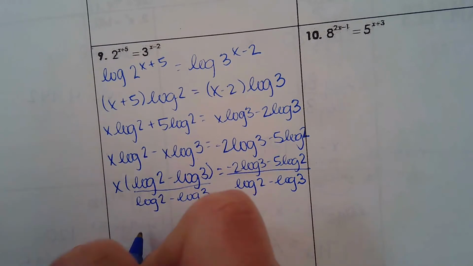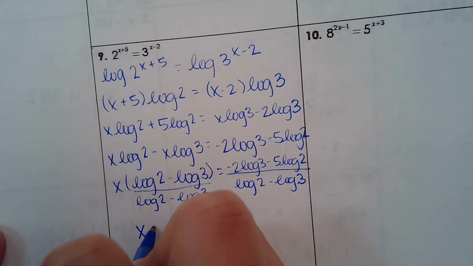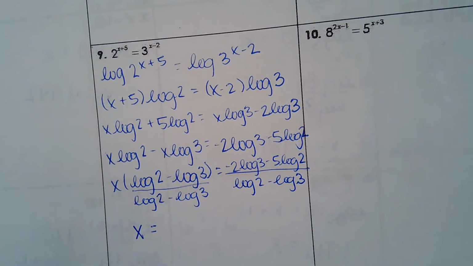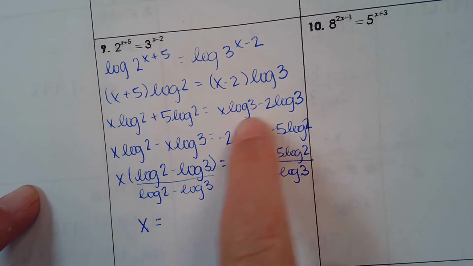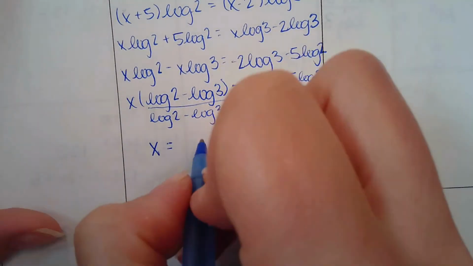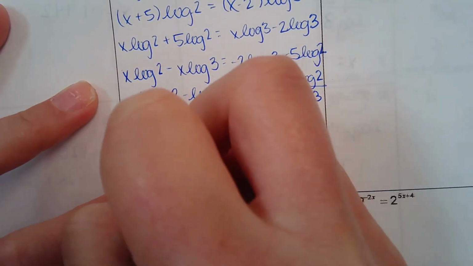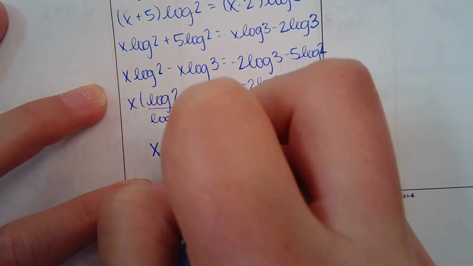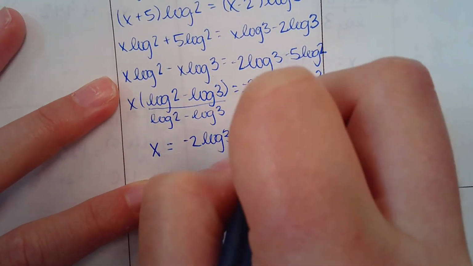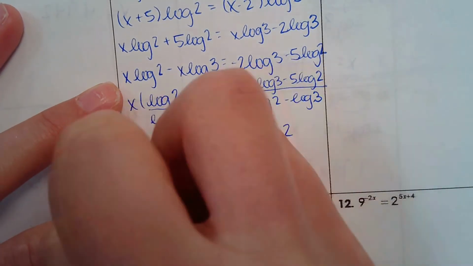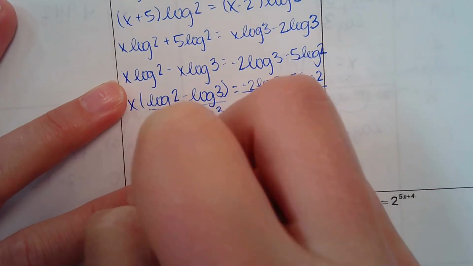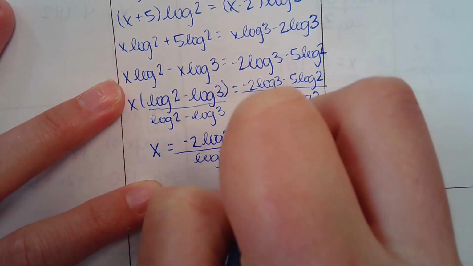So I'm going to write that in another step before I actually do anything. Don't feel like you have to do this when you're working on your own, but I do want us to be able to see this a little bit better. So in your calculator, you'll type negative 2 times log of 3 minus 5 times log of 2 all over log of 2 minus log of 3.